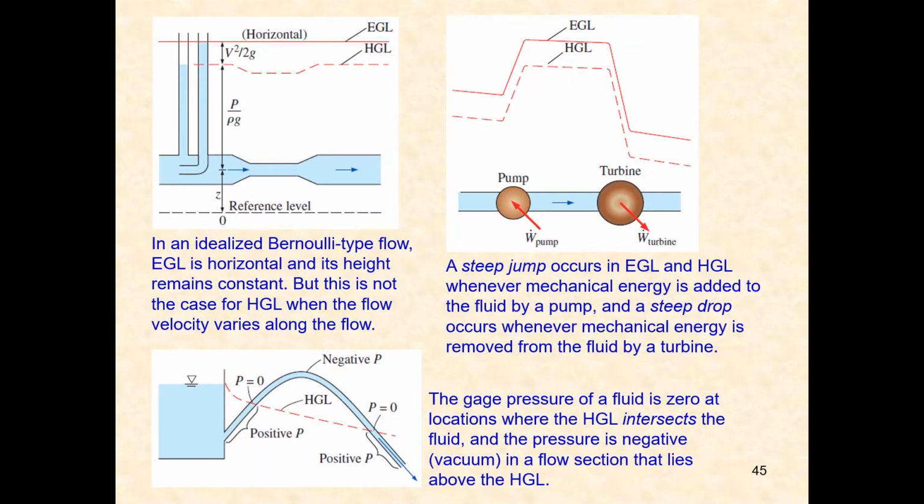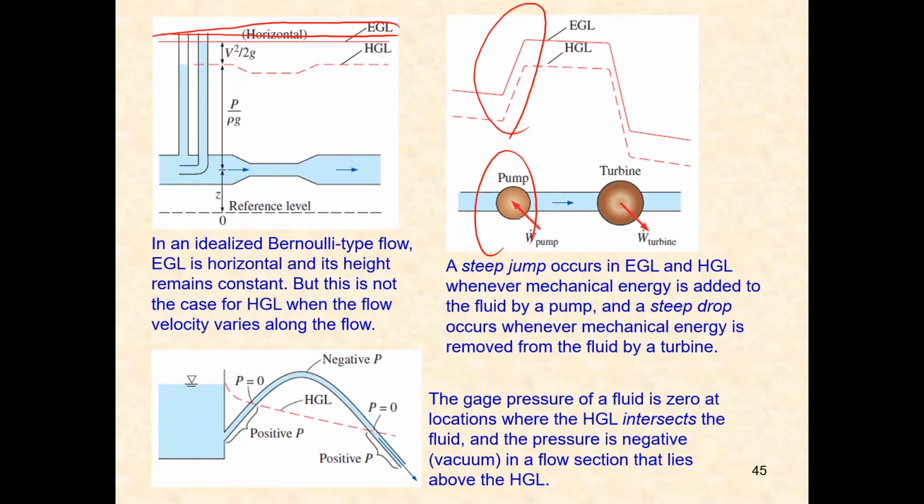Okay, this is actually the visual of the ones mentioned before. The first one we see is the idealized Bernoulli type flow, where the EGL, the total head, remains unchanged because there is no loss in energy, in pressure, and in head. Here it is horizontal, and on the one on the right, there is a jump here due to the sudden head or pressure or energy added into the flow by the pump.